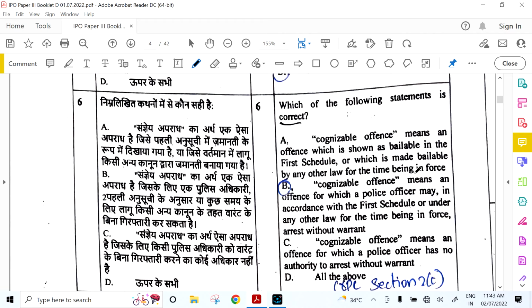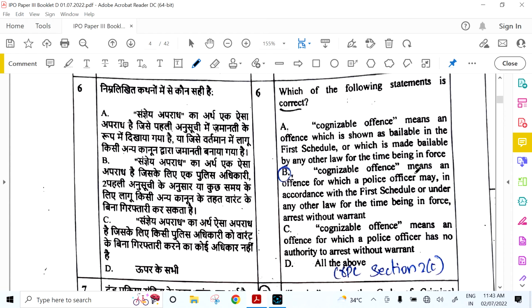Next question: which of the following statements is correct? Cognizable offence means an offence which is shown as bailable in the first schedule or which is made bailable by any law for the time being in force. Cognizable offence means an offence for which a police officer may, in accordance with the first schedule or under any law for the time being in force.